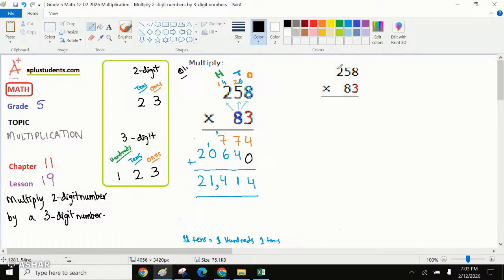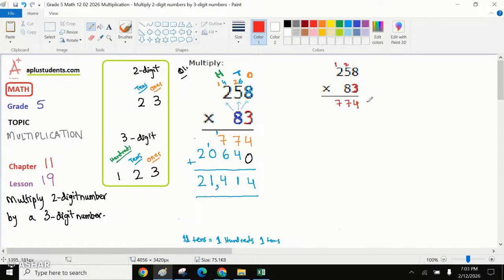So 3 multiplied by 8 was 24. We put down the 4, we carry the 2. 3 times 5 was 15 plus 2 is 17. We carry the 1. 3 times 2 is 6, and this is 1.